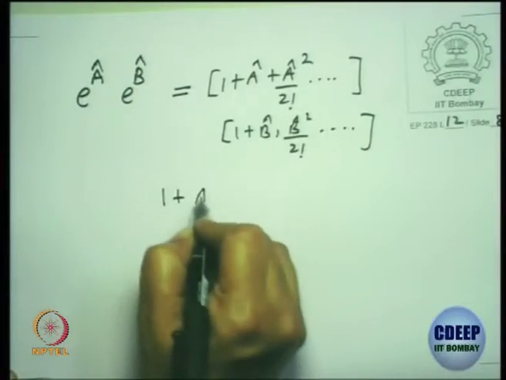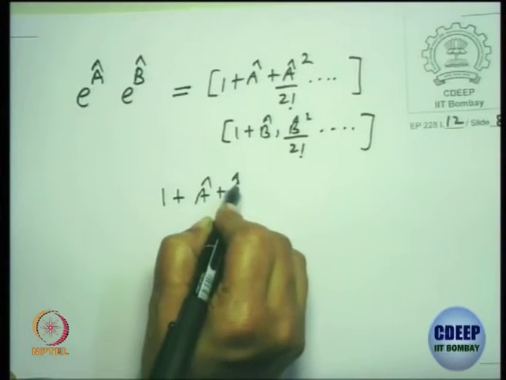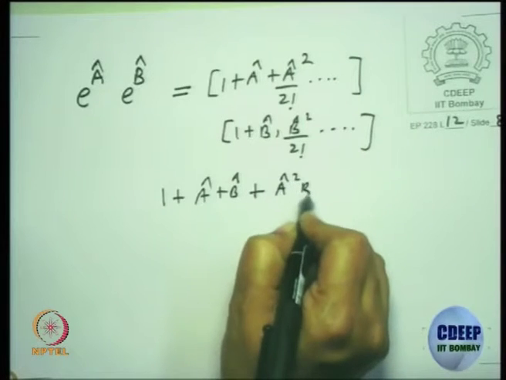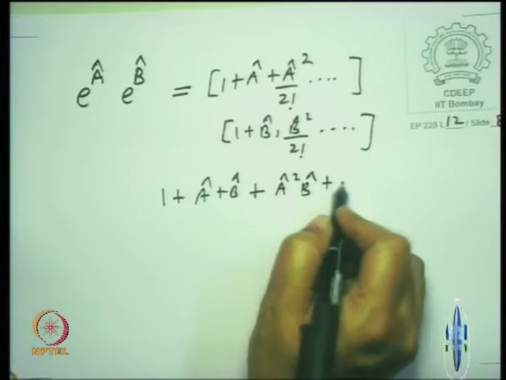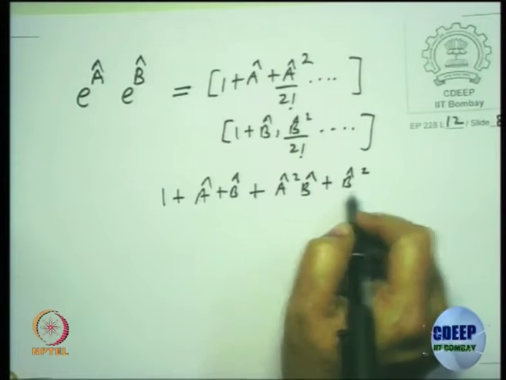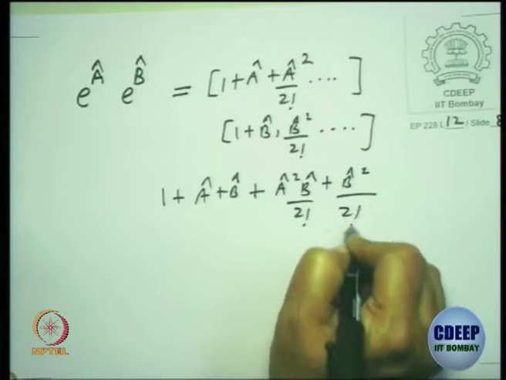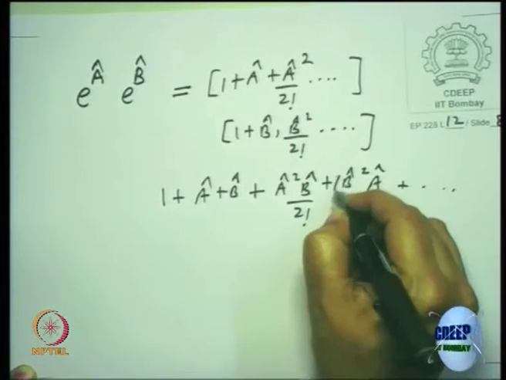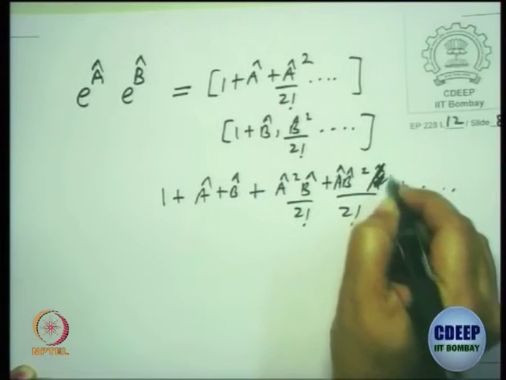Okay. So, a lot of things will happen. You will see there will be a 1 plus a plus b, plus then you will also have a squared b plus b squared a, and so on. So, a's will always be on the left side.